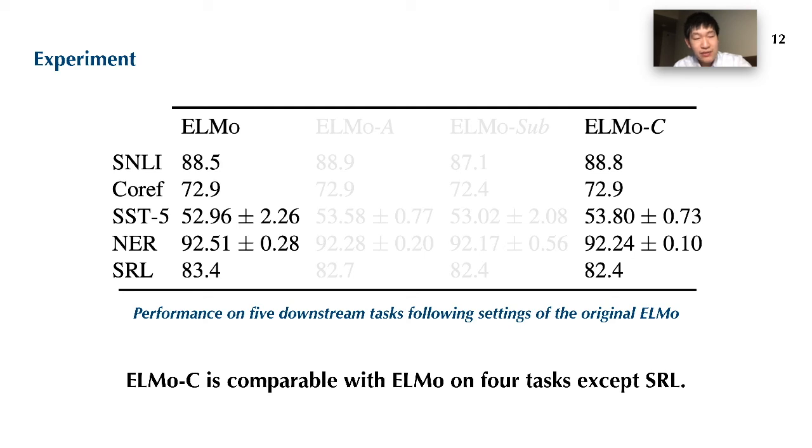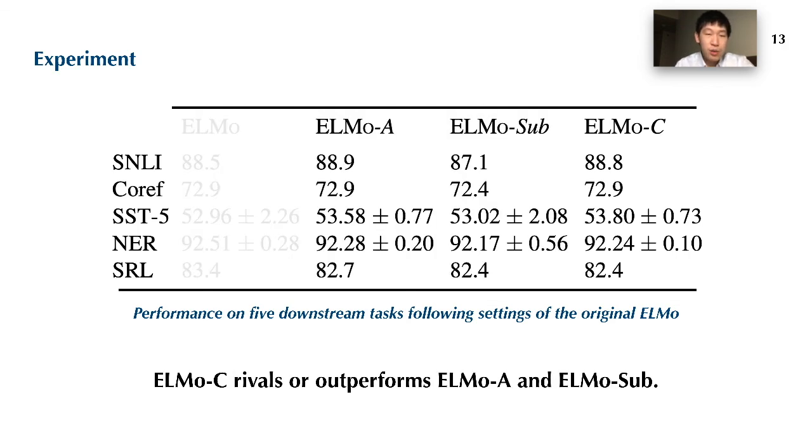The slightly inferior performance on SRL is partially due to the input embedding we used, and please refer to the paper for detailed analysis. Compared to ELMo-A and ELMo-Sub, our model rivals or outperforms both. Thus, we conclude that the continuous output layer, when applied to ELMo, delivers significant computational benefit without degrading the transfer performance.